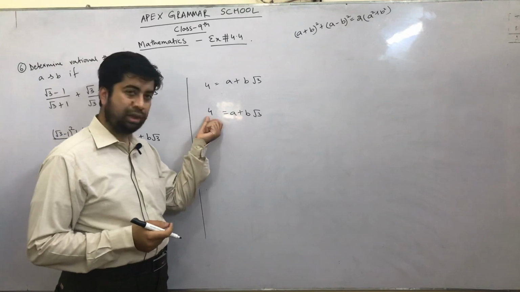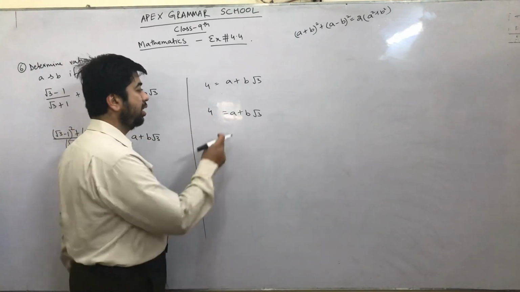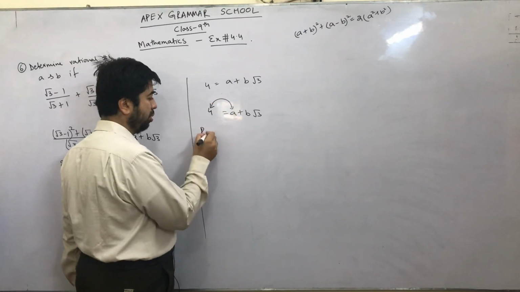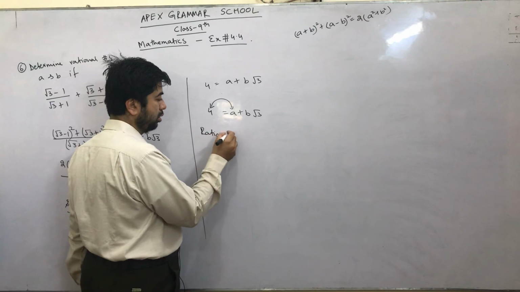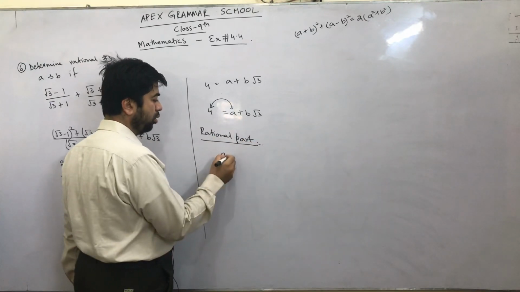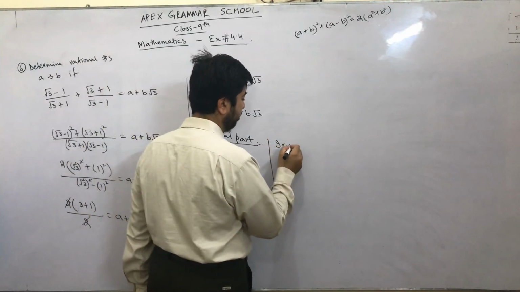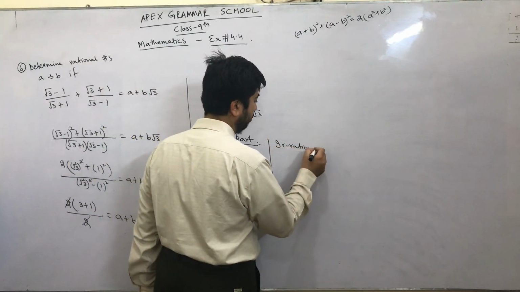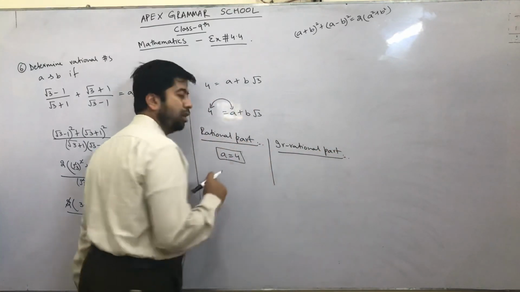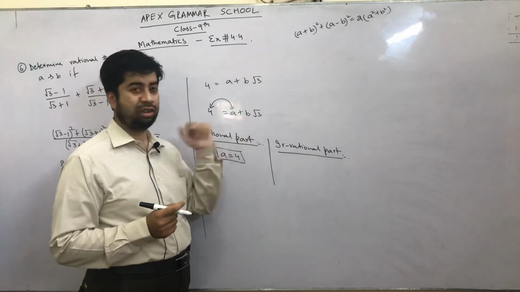Now compare this equation's left hand side with this left hand side. You can see that rational part will be equal to this rational part. So rational part, that is A is equal to 4, and irrational part, you see B square root 3, this is an irrational part because it contains an irrational number.